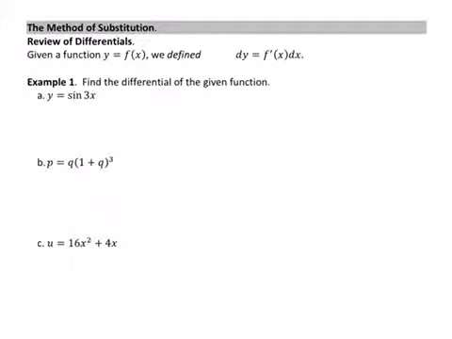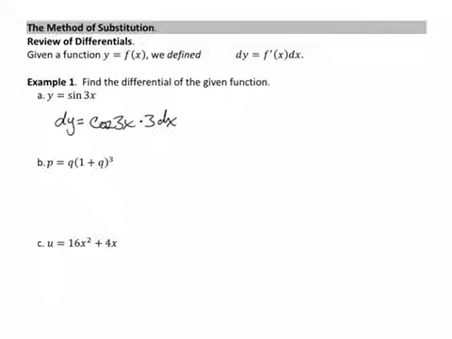So let's look at the very first example here. We're going to find the differential for sine of 3x. We first find the derivative of the sine of 3x, which is the cosine of 3x. And then the chain rule says we have to multiply by the derivative of the inside, which is 3. Now, because our function is called y, we call this dy, and it's equal to the derivative multiplied by dx.